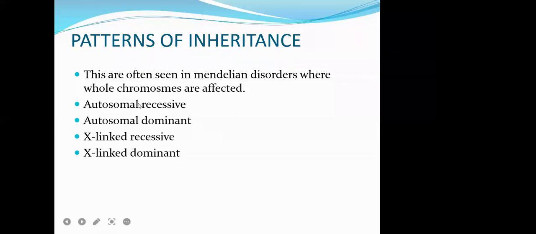We said that if it's a recessive trait, you need both genes on both alleles to be affected. Otherwise, if it's only one, then it's referred to as a trait. So let's look at some of these conditions.